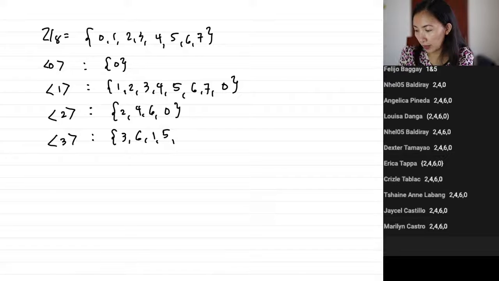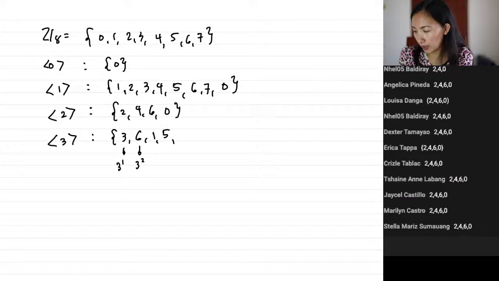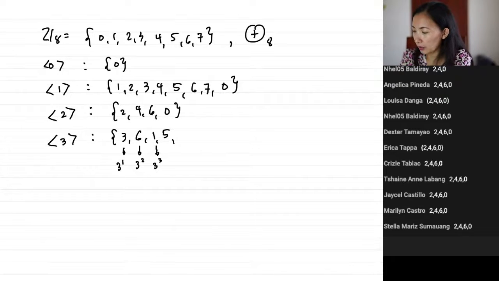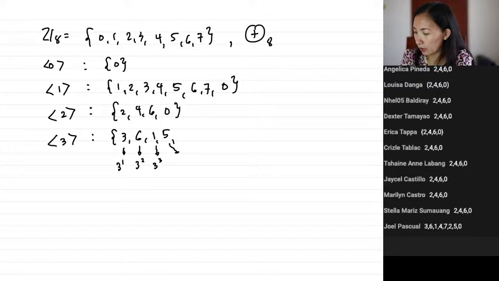Ito, this is from 3 raised to 1. This one is 3 squared. This one is 3 cubed. Remember, our operation is addition modulo 8, so hindi ito times. Okay, so 3 to the 4th means 3, 6, 1. Sorry, bakit 5 ito? This should be 4.